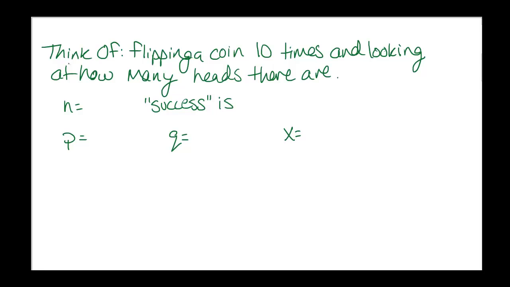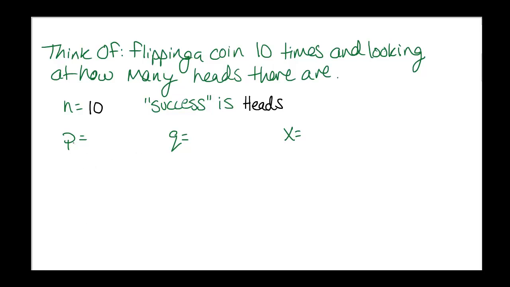As a simple example that you should keep in your mind, think of flipping a coin, say 10 times, and looking at how many heads there are. So 10 repetitions of this flipping, this 10 is our n, so there are 10 trials, one for each flip. A success in this case would be getting a heads, but you could also do this with success being getting a tails. It doesn't really matter, it just alters your setup.